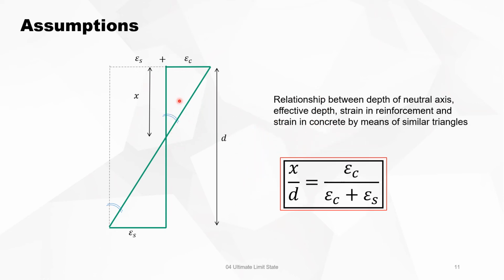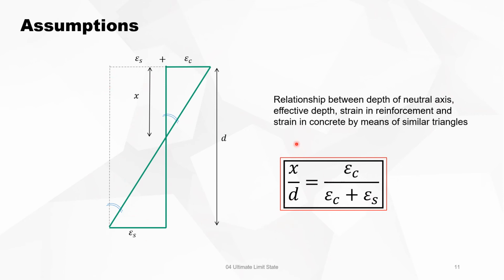So we can say that the tangent of this angle is epsilon c divided by x, and it must be equal to the tangent of this angle, which is epsilon s plus epsilon c divided by d.